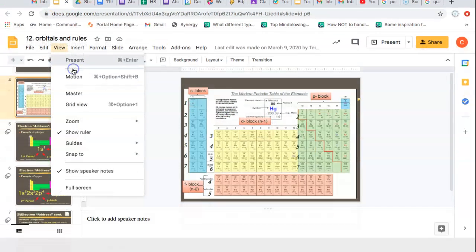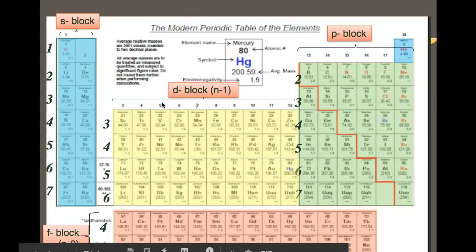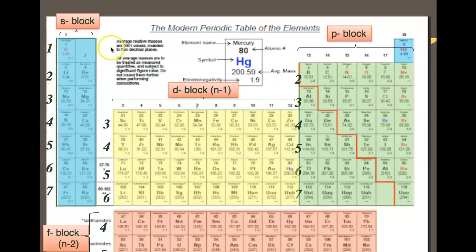Okay. So the first thing is understanding the shapes of all of the different elements in our periodic table. Depending on where an element is located in the periodic table influences the type of shapes that element will create. Elements in the S block form circles.